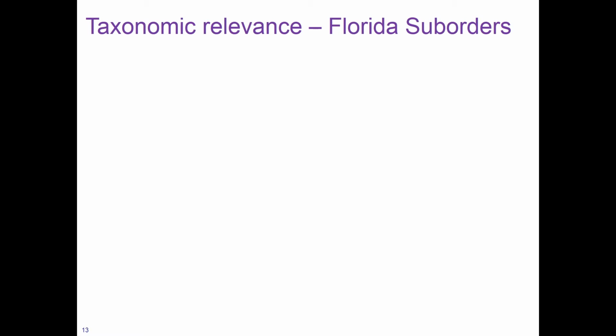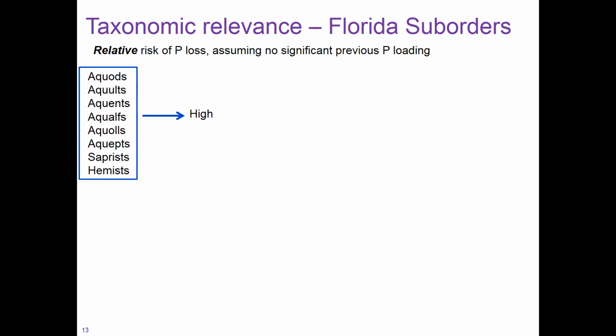Florida's suborders can sometimes provide fairly useful clues regarding phosphorus loss risk from soils. The relative risk of phosphorus loss, assuming no significant previous loading, would be high for soils with aquic subgroups: aquods, or wet spodosols, aqualfs, wet alfisols, aquults, wet ultisols, aquents, wet entisols, and so forth.